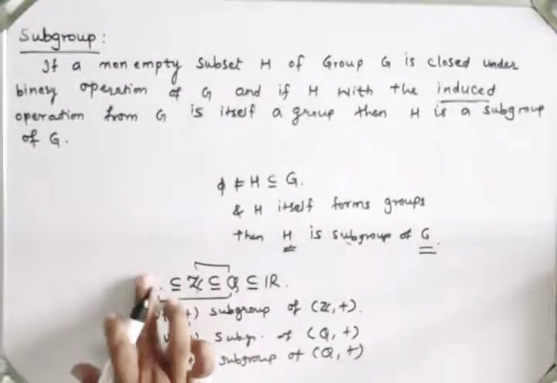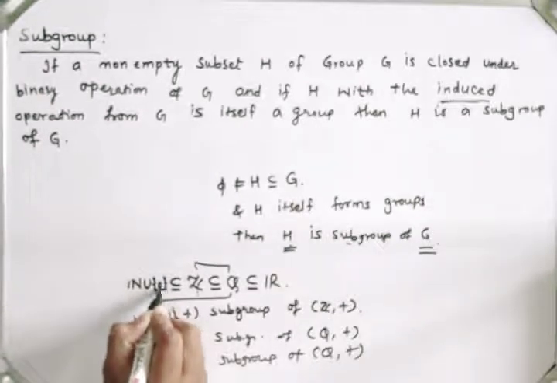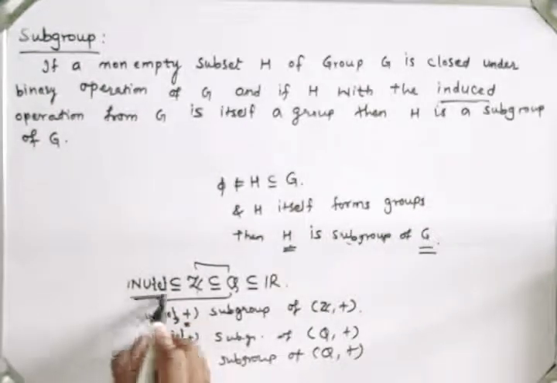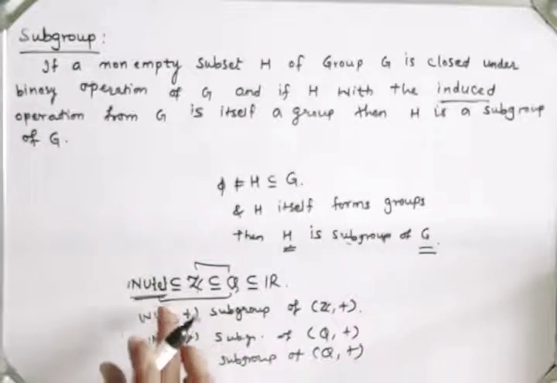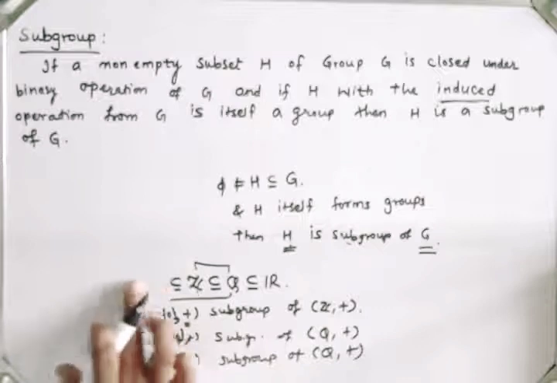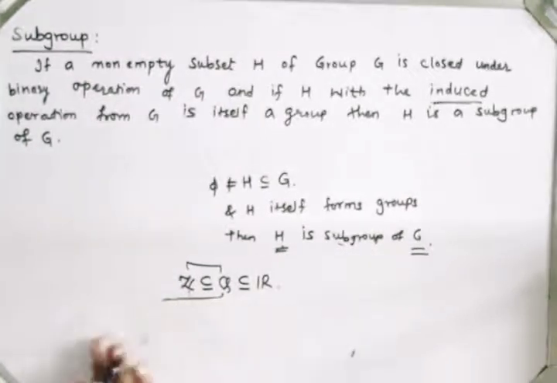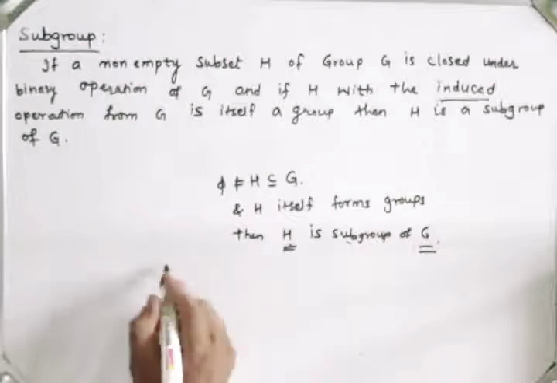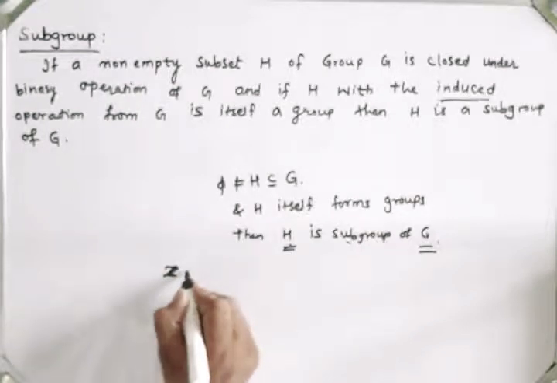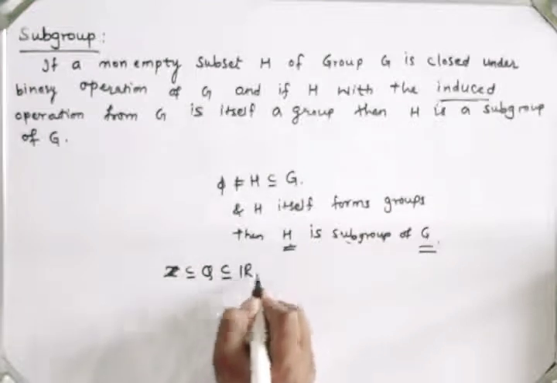So I will write it as natural numbers union singleton 0. The natural numbers do not form a group, so I don't take this set. I will take only the set of integers, which is a subset of the set of rational numbers, which is a subset of the set of real numbers.